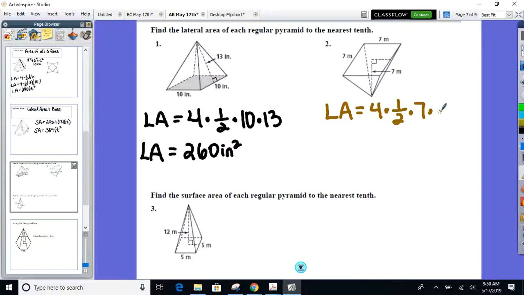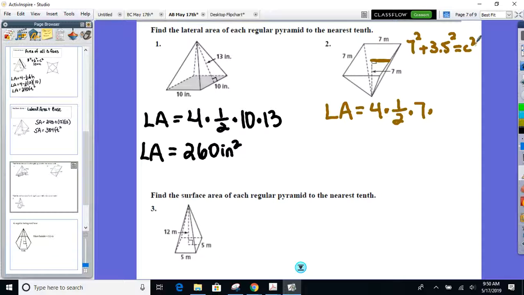I'm going to have to do the Pythagorean theorem. So I'm going to have to say 7 squared plus, watch your mouth now, what's this piece right here? Half the base, 3.5 squared. And you're right, you're not going to get a pretty number here.